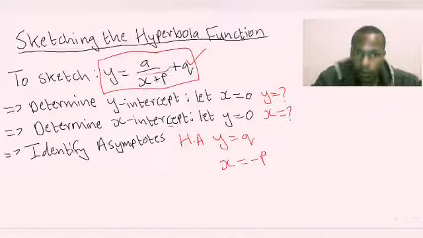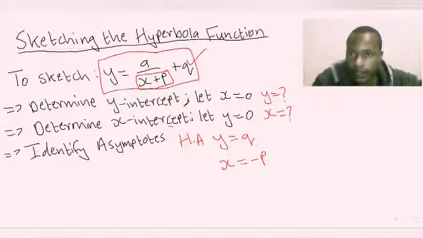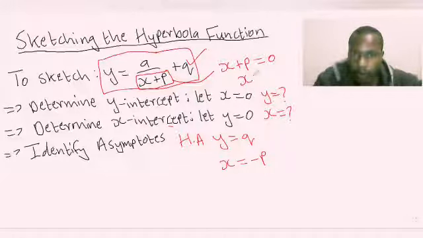Remember that the asymptote is a number that you cannot obtain in that function. For the vertical asymptote, you need to equate the denominator to 0, then solve for x. So this would just be negative p.